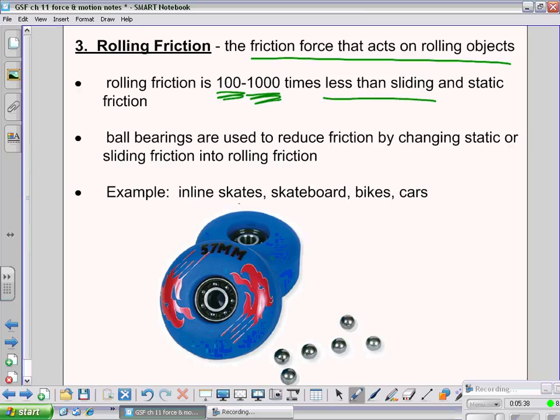That's why I can move a refrigerator if I have it on a cart or on a dolly. I can move some heavy things. Ball bearings that are in your skateboards and your rollerblades and things like that reduce friction a ton, because instead of having surfaces sliding past each other and rubbing against each other, you have these little spheres which are going to reduce that surface area that's touching a whole lot. So we'll take a look again at these tomorrow in class.